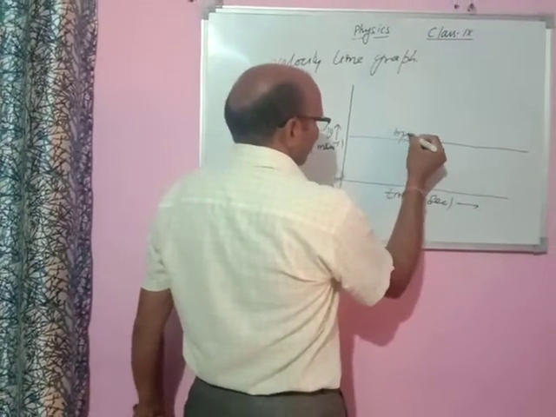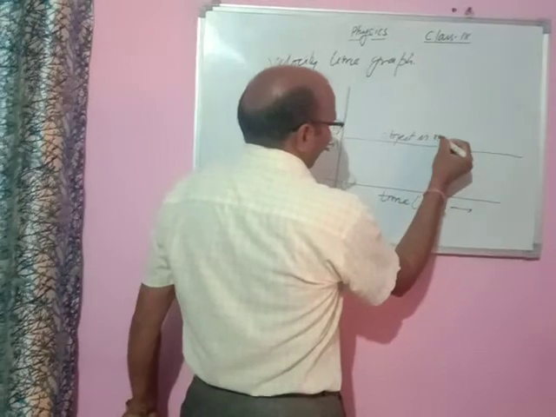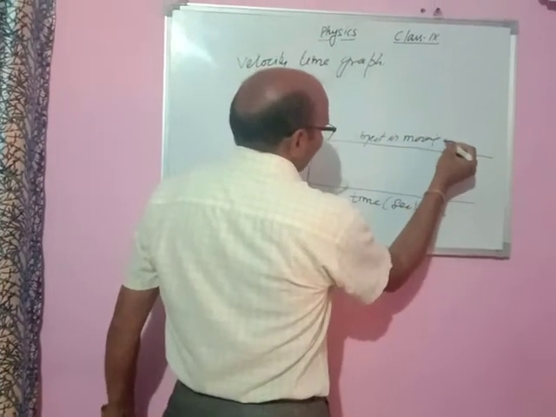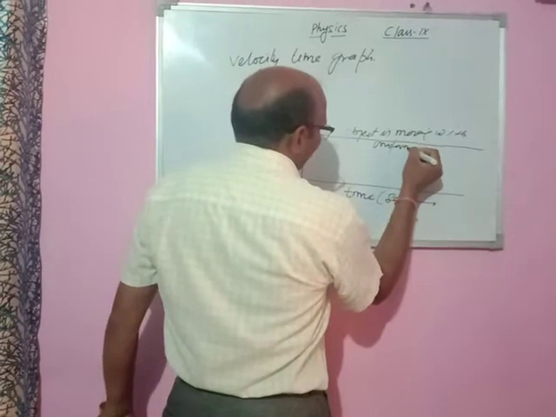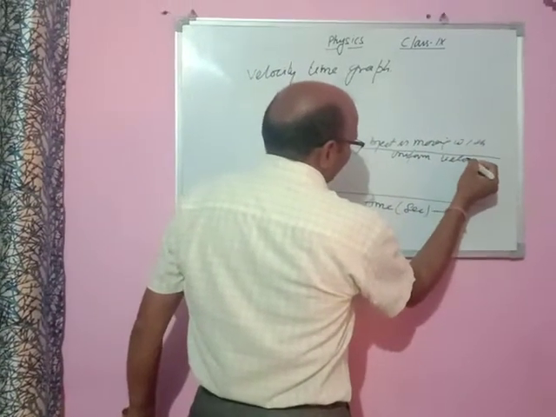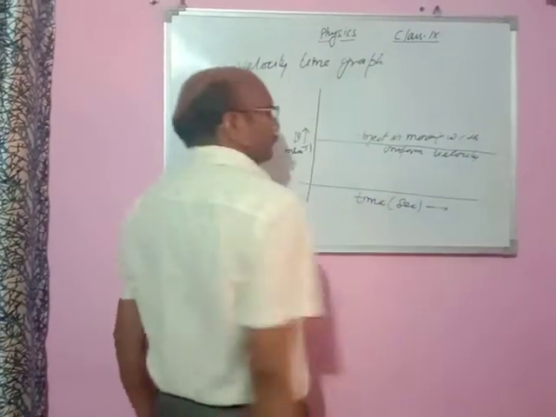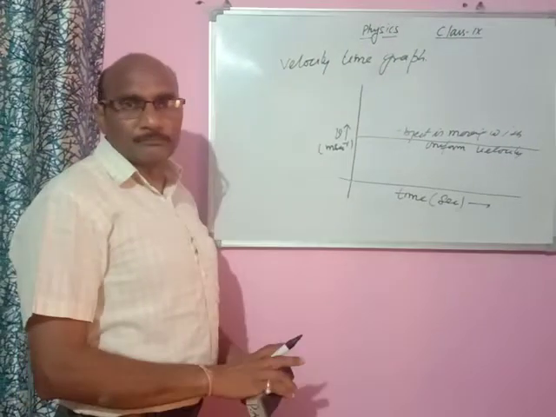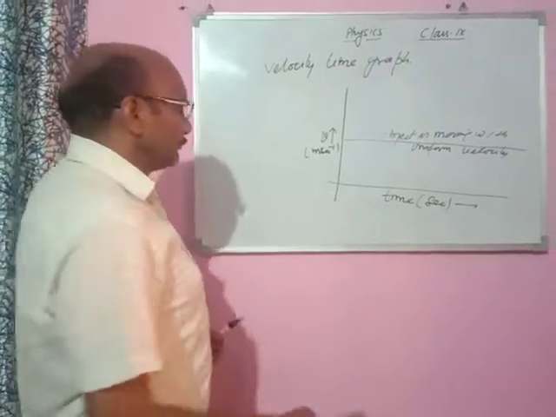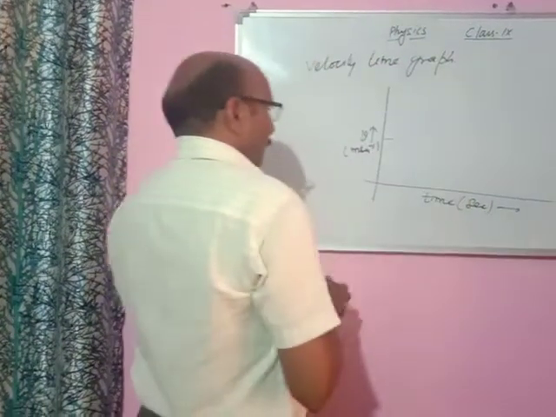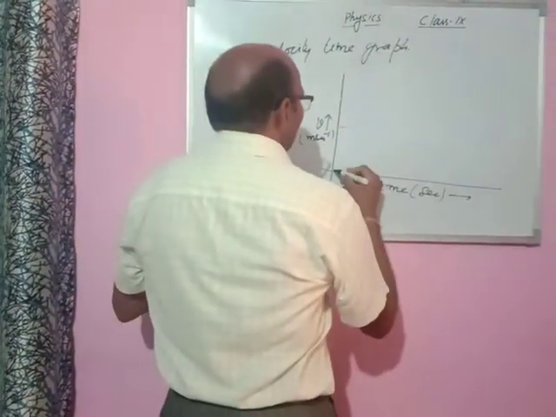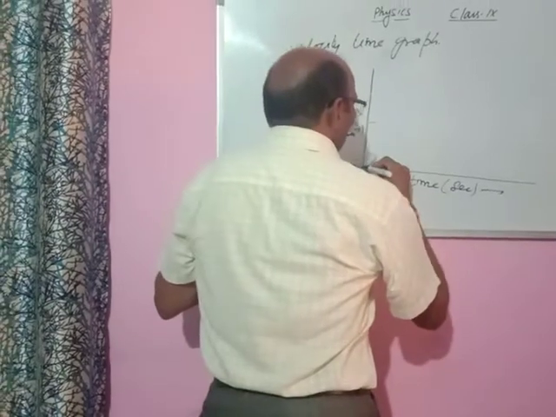The object is moving with uniform velocity. This is case 1. Now case 2, let the graph be drawn like this.